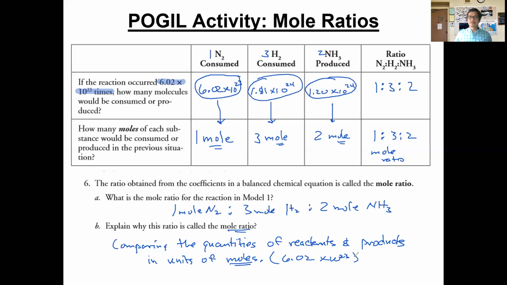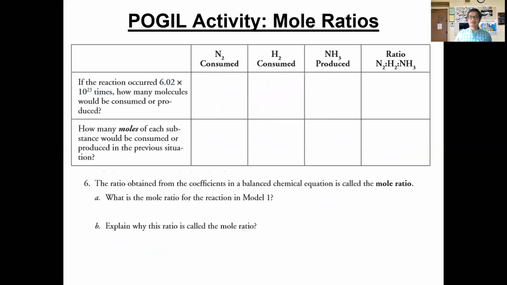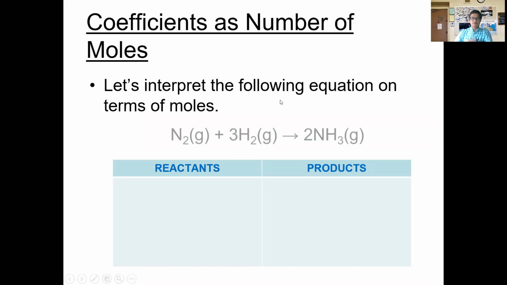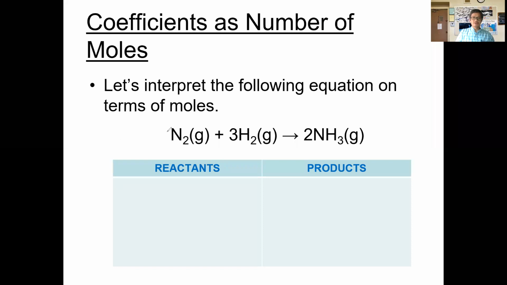So with that said, let's go ahead and hopefully we have the mole ratio. We can interpret this reaction in terms of the mole ratio, just like we did above. So let's finish this out here. We start out with 1 mole of nitrogen.